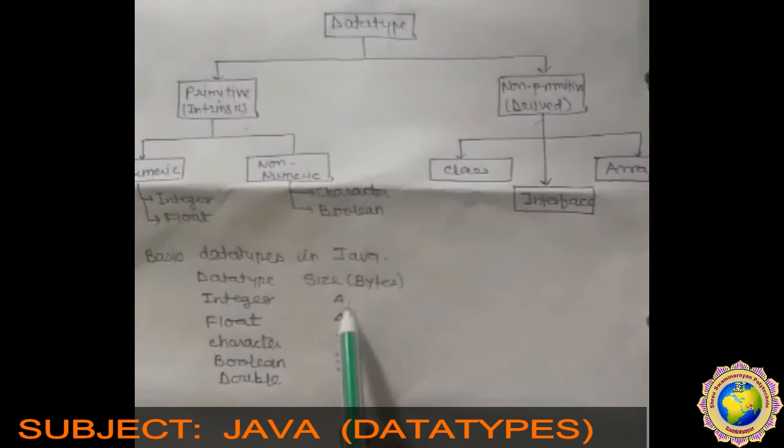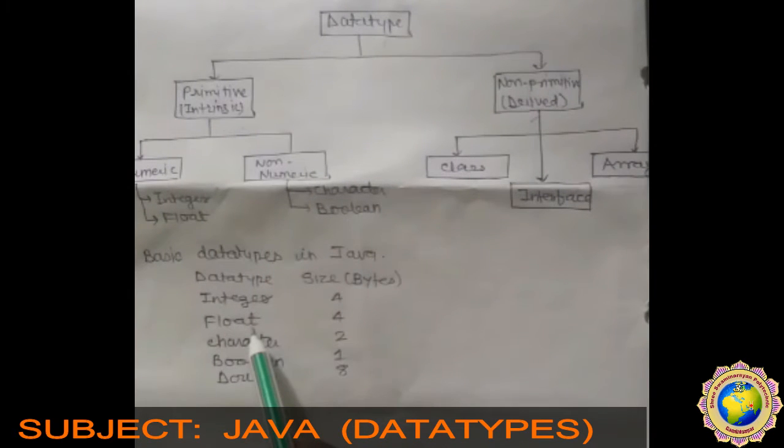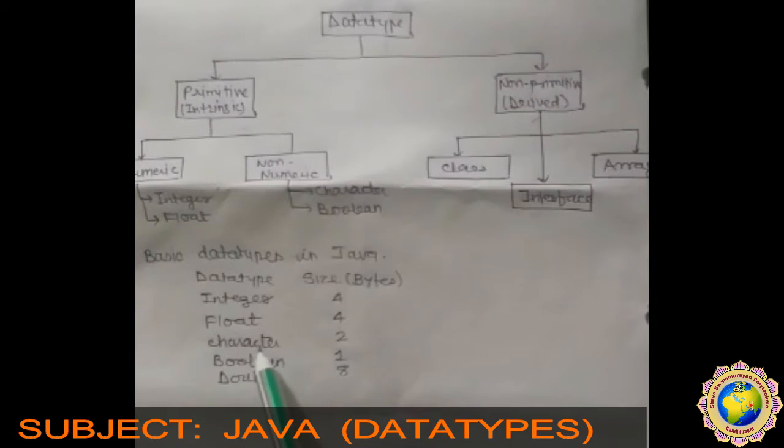Integer contains 4 bytes in size. Float contains 4 bytes. Character contains 2 bytes. Boolean contains 1 byte. And double contains 8 bytes.